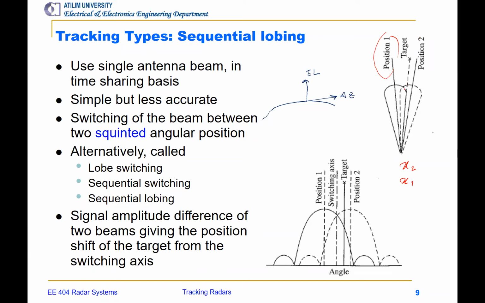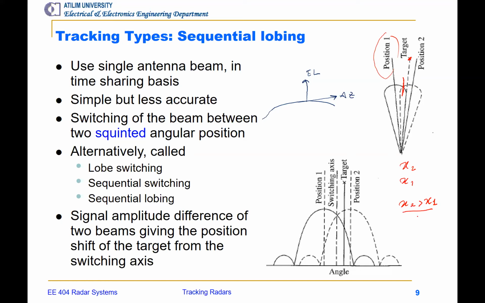If the target is somewhere here, where we got the crossover, it means that the signal power coming from beam position 2, so x2, is greater than x1.